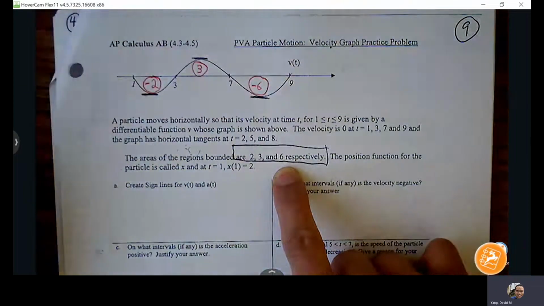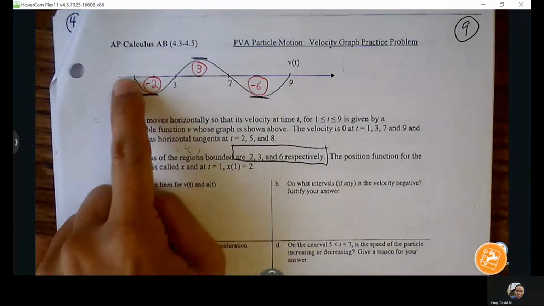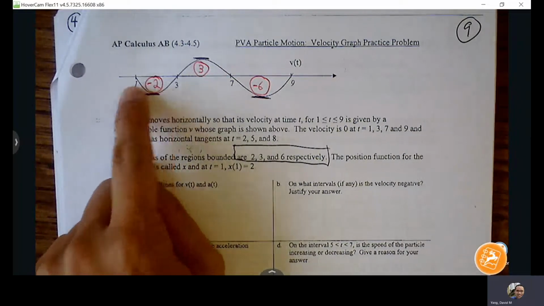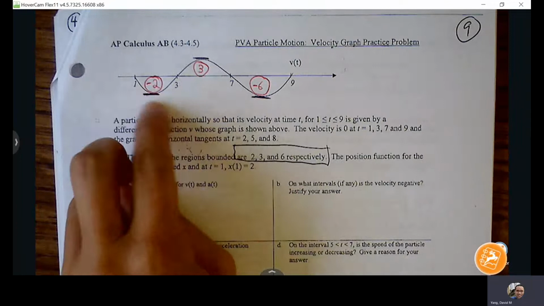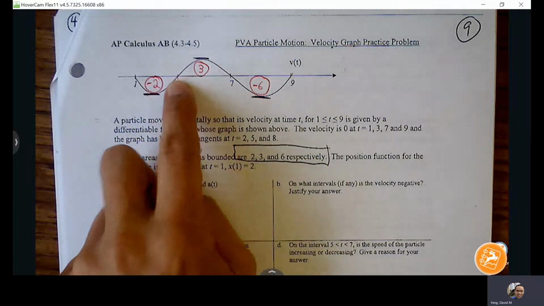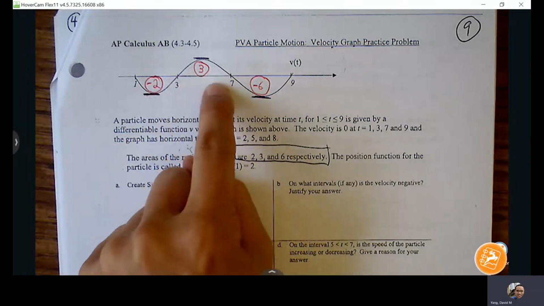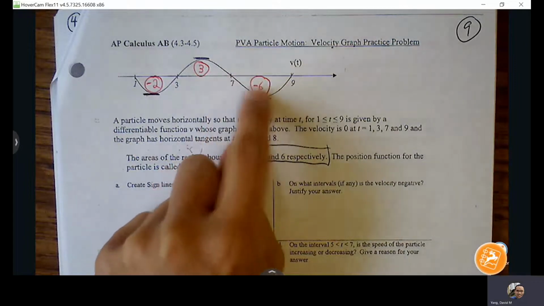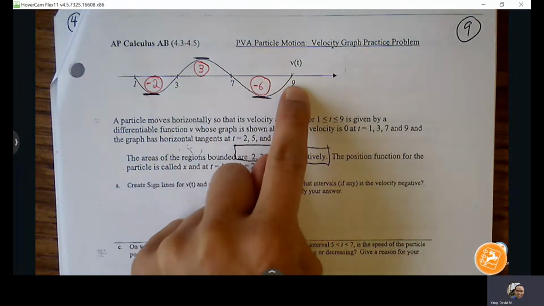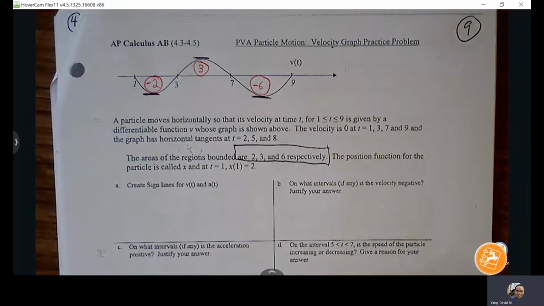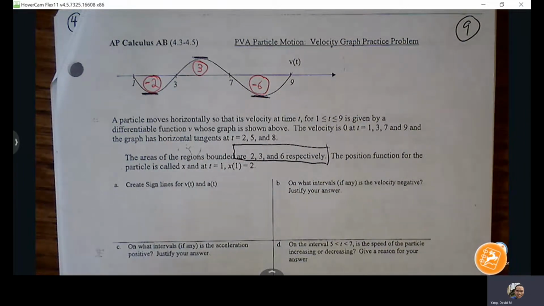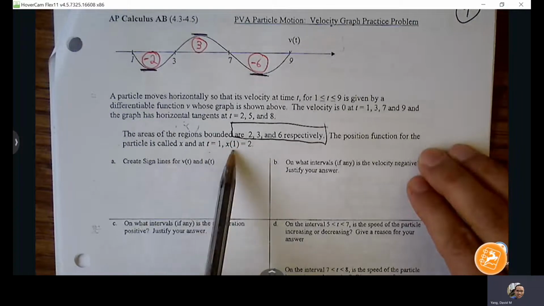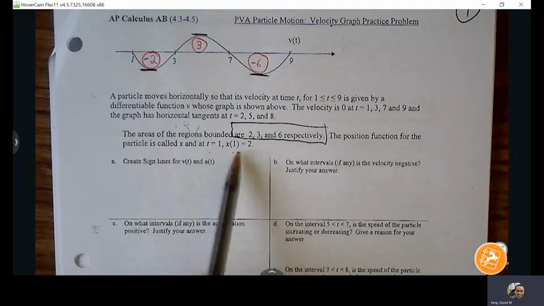So just to kind of visualize what's happening, this particle is going to move 2 units to the left over the course of 2 seconds, stops, turns around, moves forward 3 units. At 7 seconds, it will stop, turn around, move 6 units, and then stop at 9. Okay, so just kind of visualize that process. And we're given that at time t equals 1, it's starting at location 2.